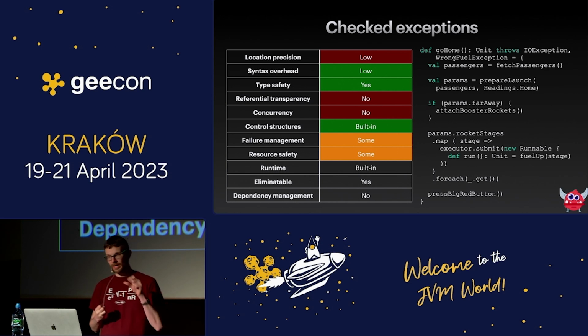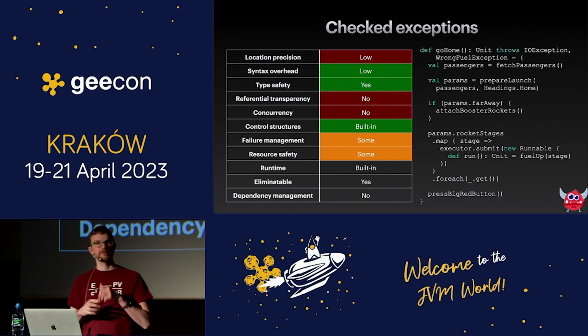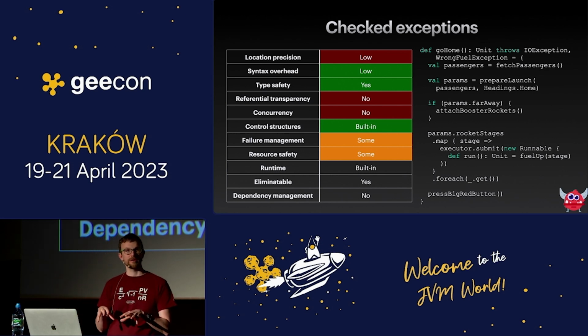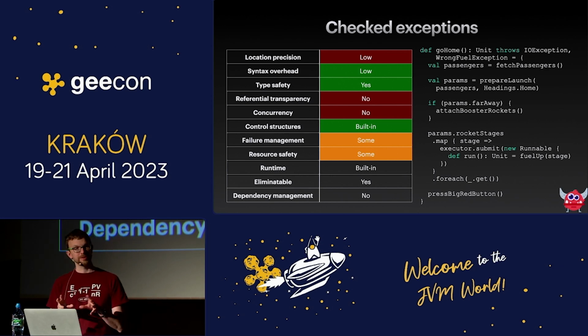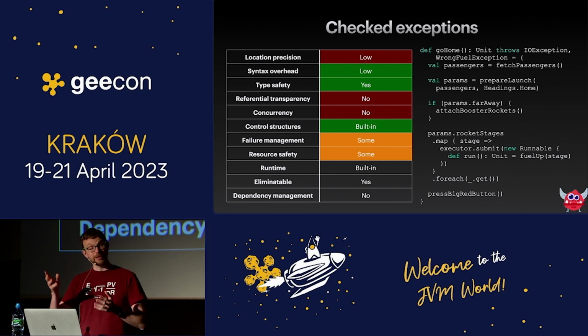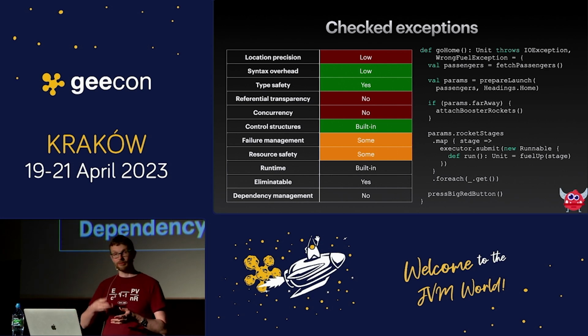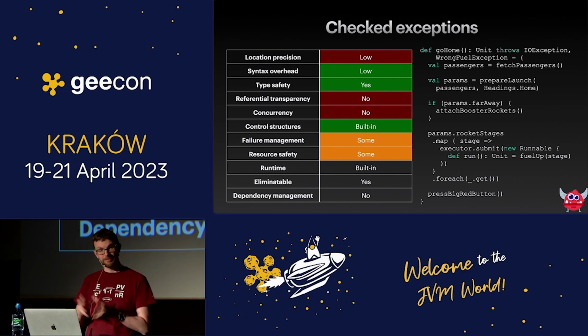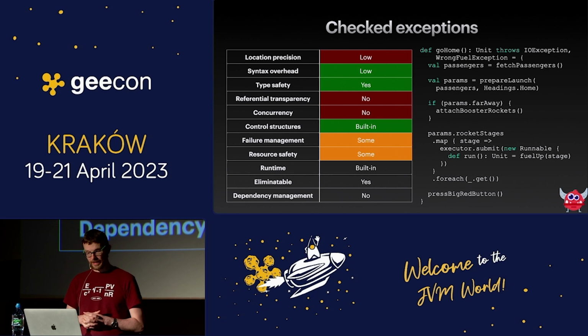So we don't know which part of the code actually throws the IO exception. So we know that some effects happen, but we don't really know where. So that's why the location precision is low here. We can try commenting out the IO exception and seeing where the compiler will fail. That will tell us which piece of code here is effectful. But yeah, that would need some additional actions.